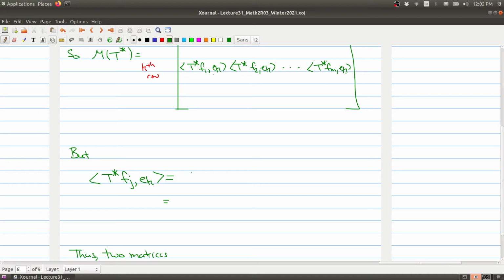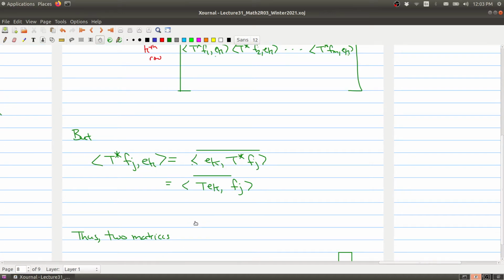We can switch the order around by taking the complex conjugate. This is the property of an inner product: the order switches around if you take the complex conjugate. And now we can use the fact that this is the adjoint, so this is equal to the inner product of T(Ek) and Fj.